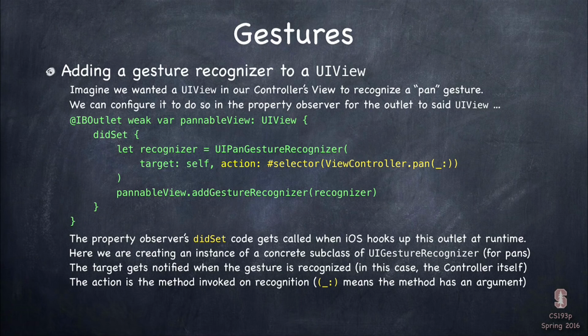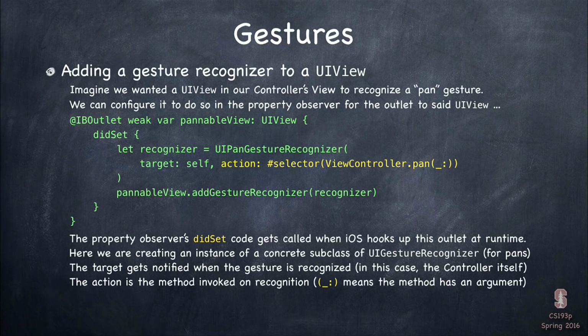Don't forget the argument names here. Now, this pan method that I'm going to show you on the next screen has one argument. That argument is the pan gesture recognizer. So just like when we have target action and a button where the sender is sending itself, same thing here. When the pan gesture recognizer starts to recognize, it sends this pan method to the view controller with itself as the argument.